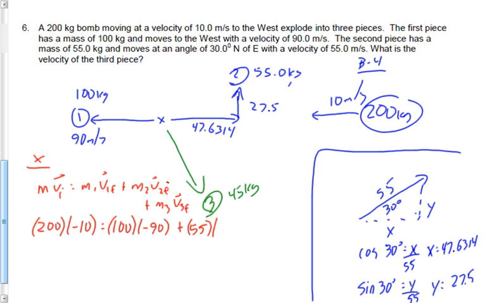Sorry, 55 times what? 47.6314. Okay, let's be focused here, guys, okay? I know it's kind of hard sometimes, but let's focus as much as we can here, okay? Mass 3 is 45 kilograms, and then we solve for V3F. Okay, when we solve for V3F, for the X component, it works out to be 97.3394.